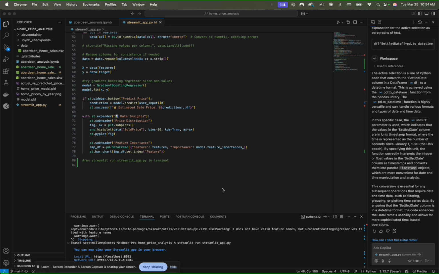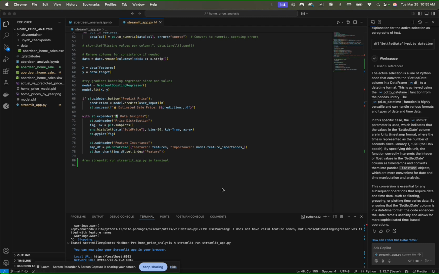In the first video, I just built a simple gradient boost model in Streamlit and presented it in a browser, showing how you can add features and predict the price of a home. Right now, we're only doing a small military town, Aberdeen, Maryland, and we're going to expand it into Harford County, where Aberdeen is located. Then we're going to do the entire state of Maryland.